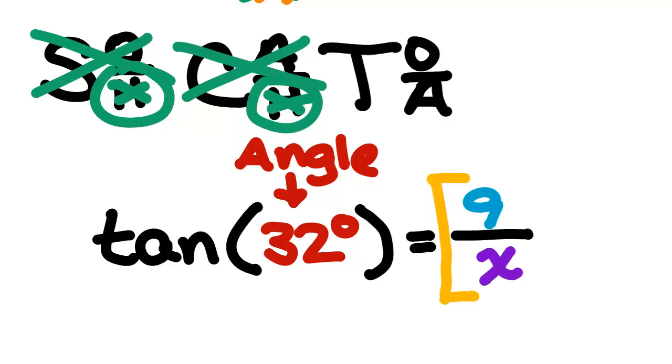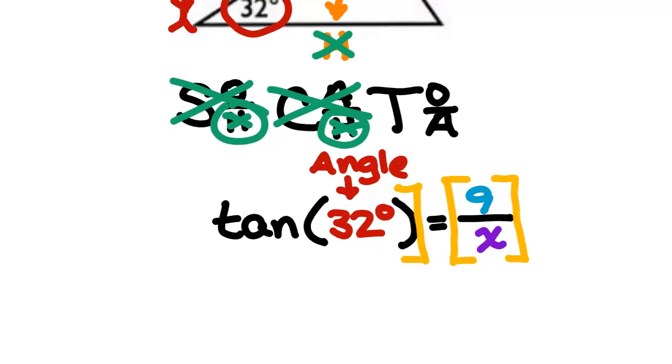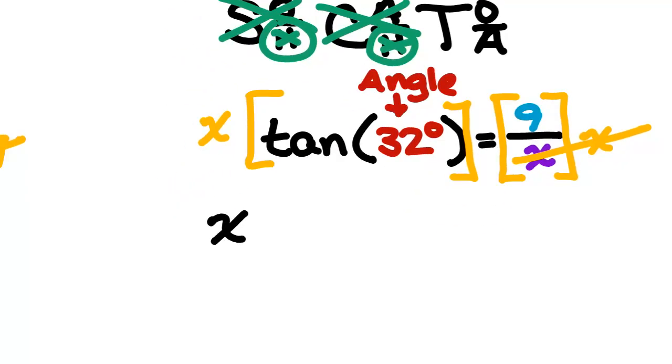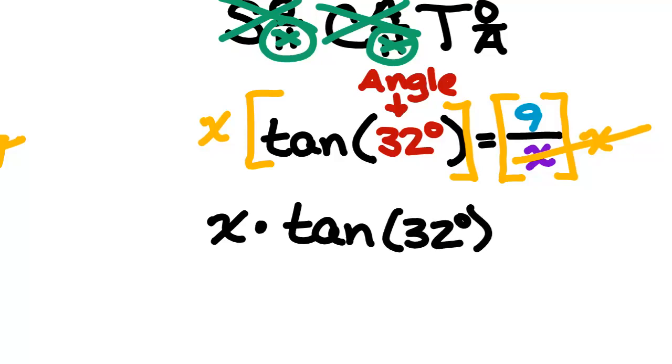We always use multiplication to get rid of fractions. And we multiply by what part of that fraction? Denominator. This denominator is x this time. So it cancels out my denominator over on the right. On the left, I have x times the tangent of 32 degrees is equal to 9.